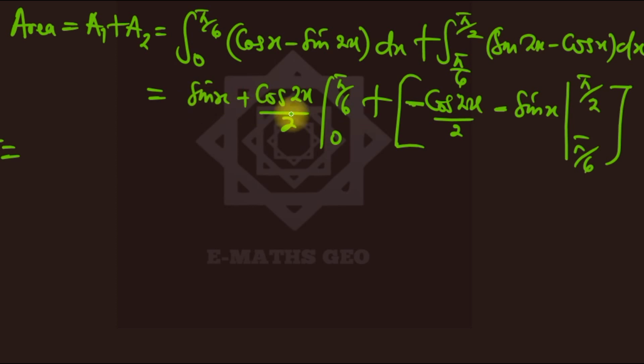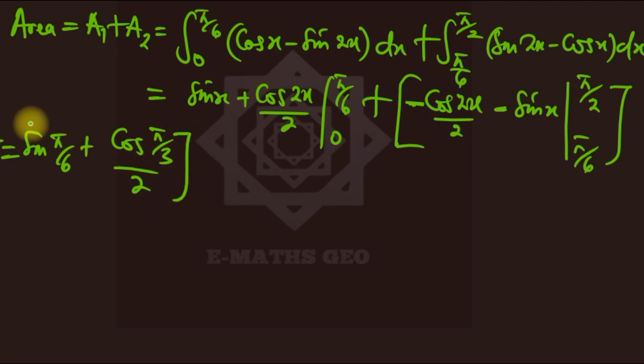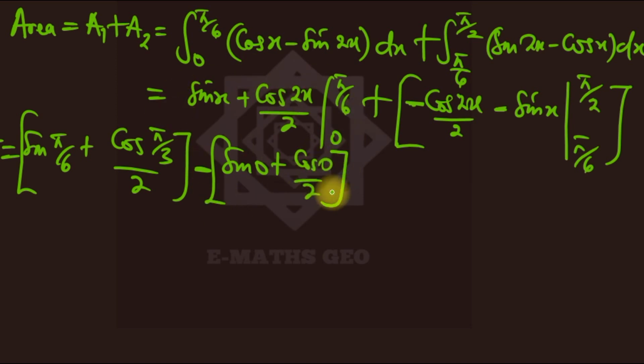So we substitute. This is sine pi over 6 plus cos pi over 3 over 2. That's substituting the upper limit, minus, we substitute the lower limit, which is sine 0 plus cos 0 over 2. So we are done with this.